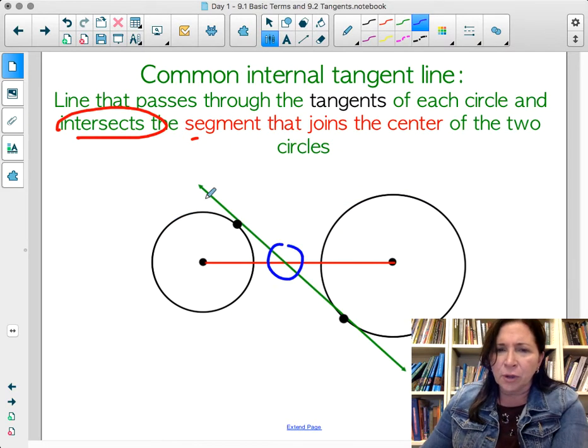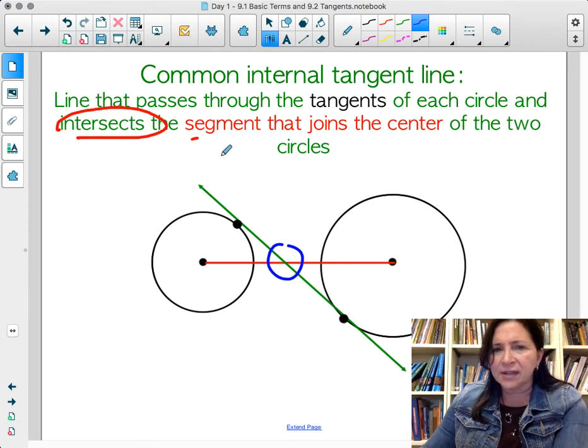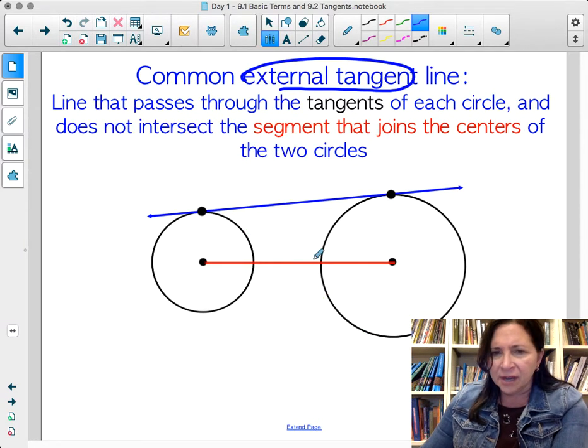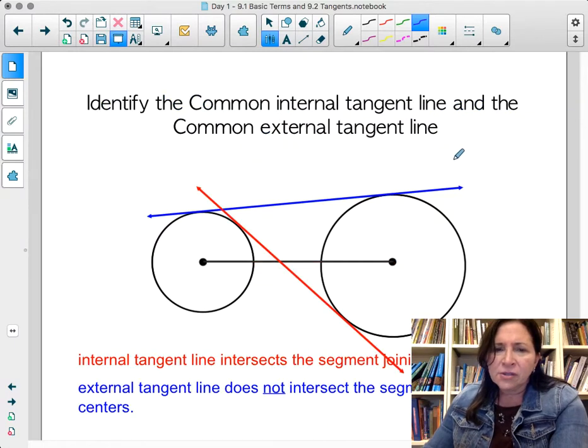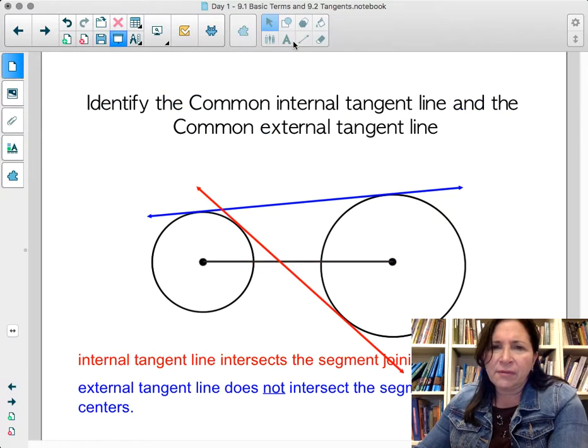But if this green line does intersect, it's an internally tangent line. If it doesn't intersect, it's an externally tangent line. So just keep aware of that.